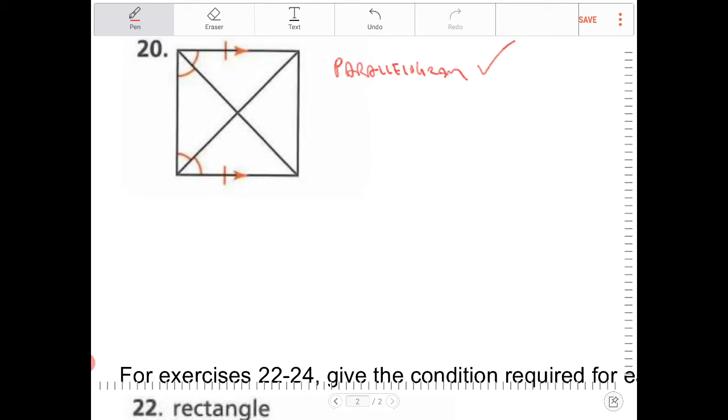Because those angles there are congruent, that means this is congruent because of alternate interior angles, and this is congruent because of alternate interior angles. And if that's the case, then these two sides are going to be the same, and these two sides are going to be the same because of angle-side-angle there. So this is going to be a square.